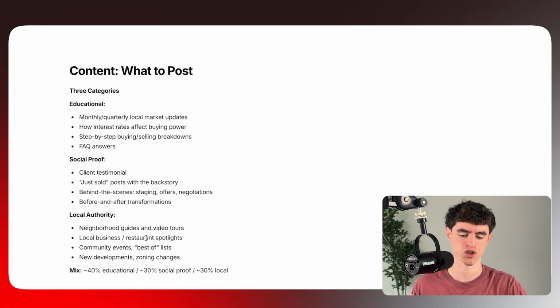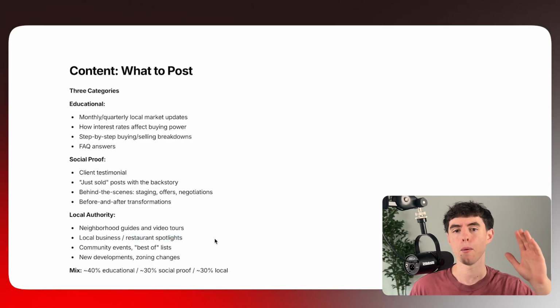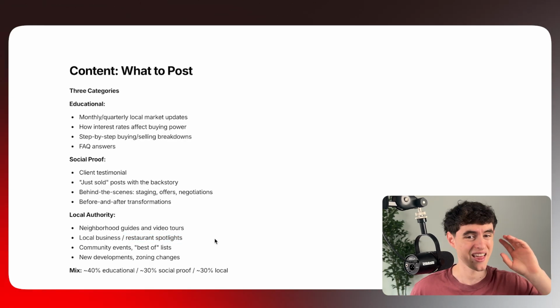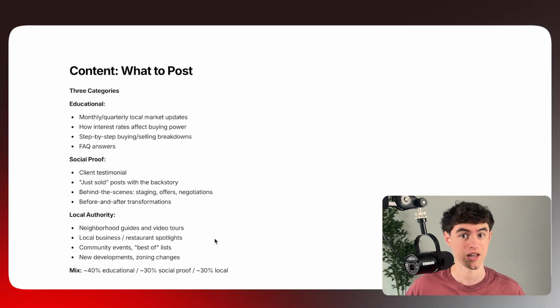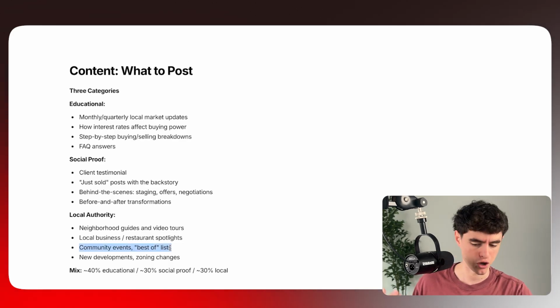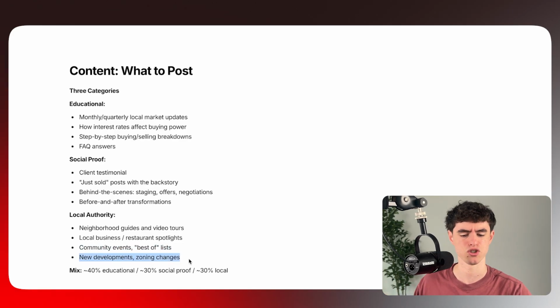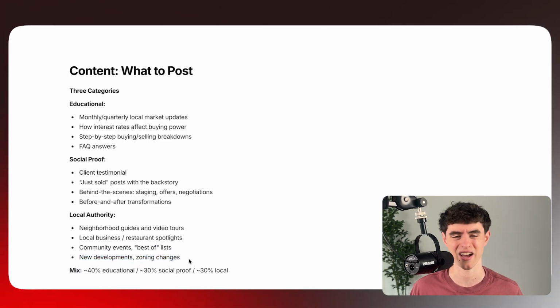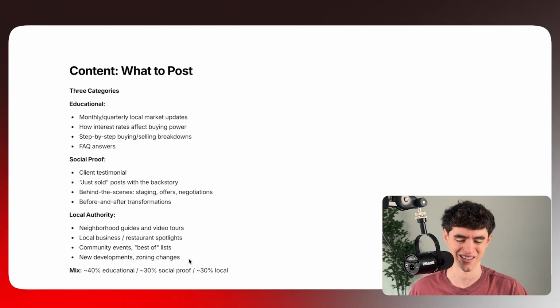You don't have to do that. Just at least give them some sort of recognition, something to build the trust that you are in the area you're claiming to be in. And then things like community events, best of lists, new development, zoning changes, all that kind of stuff follows the same principle, right? Just proving that you are in the location you're talking about and you know everything about it, all the market updates, etc.